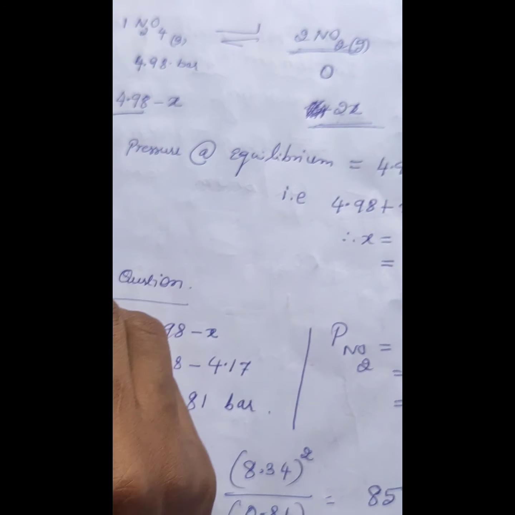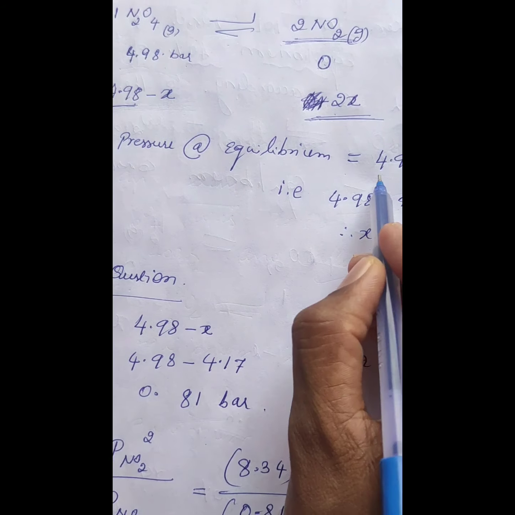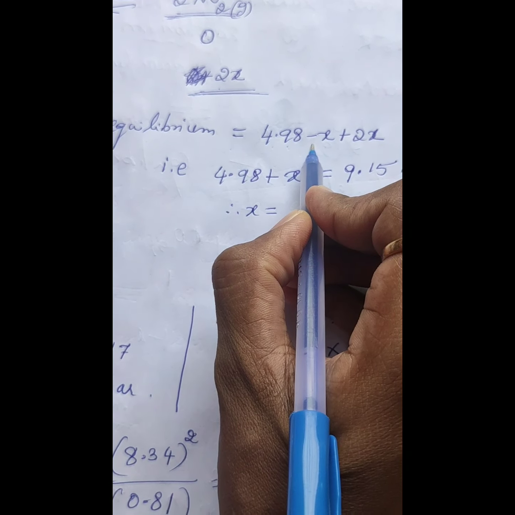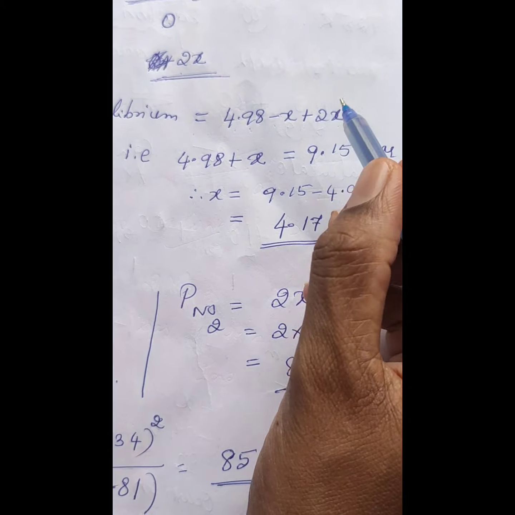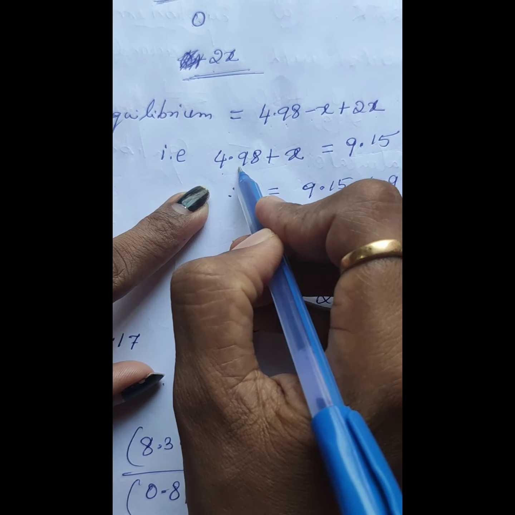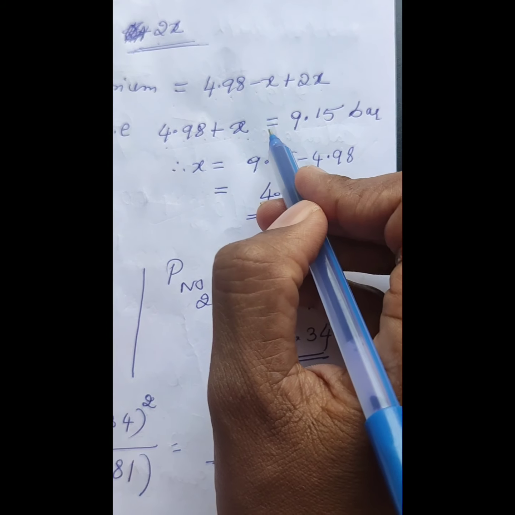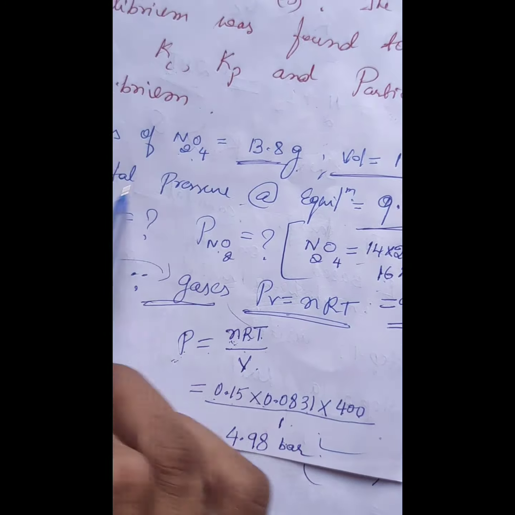Therefore, total pressure at equilibrium can be calculated as 4.98 minus x from the reactant plus 2x from the product. Simplify, what will you get? 4.98 plus x.